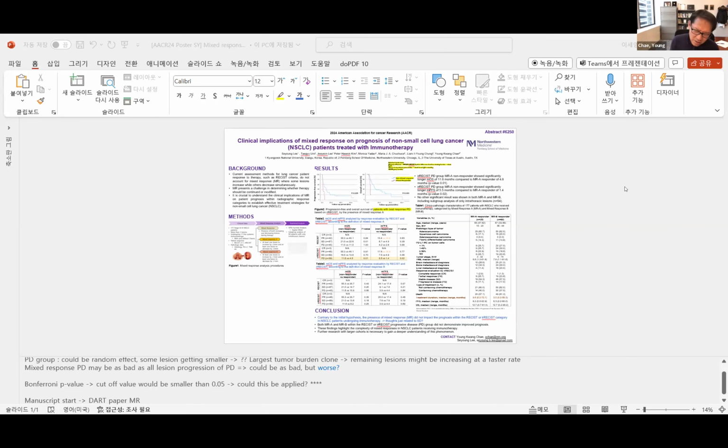Are you making the poster? There's a mixed response abstract, probably. The abstract, I believe, was submitted to ASCO. Oh, we're still waiting for the results. No, I think the results are out.